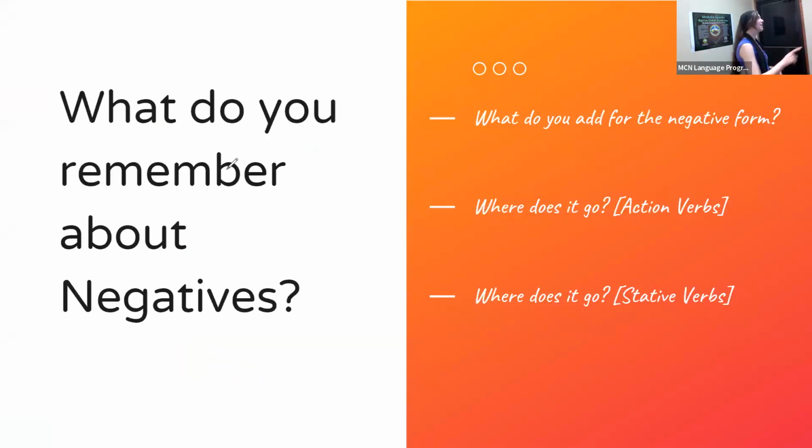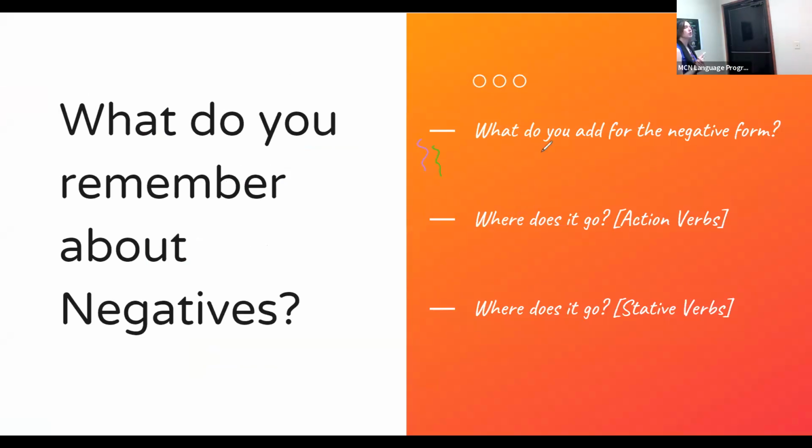Okay, so what do you guys remember about negatives? Like I said, today we're going to do negatives with the other past tense. So we need to remember what we covered yesterday for negatives. Anybody remember what you add for the negative form? What did you add? Go or ego.